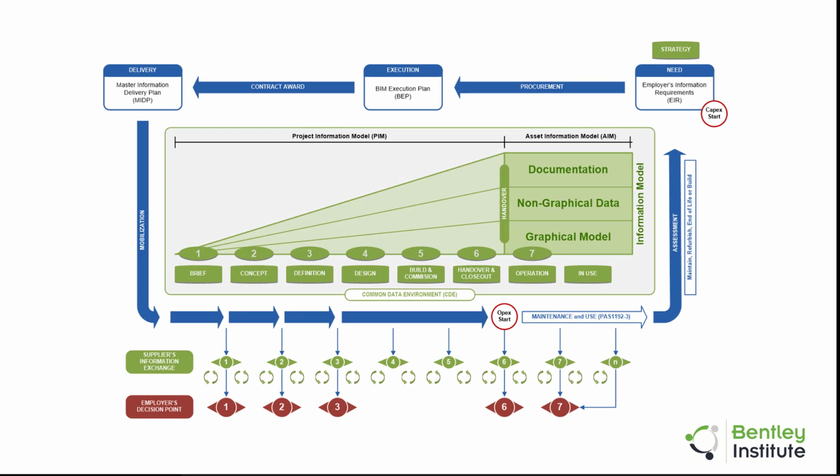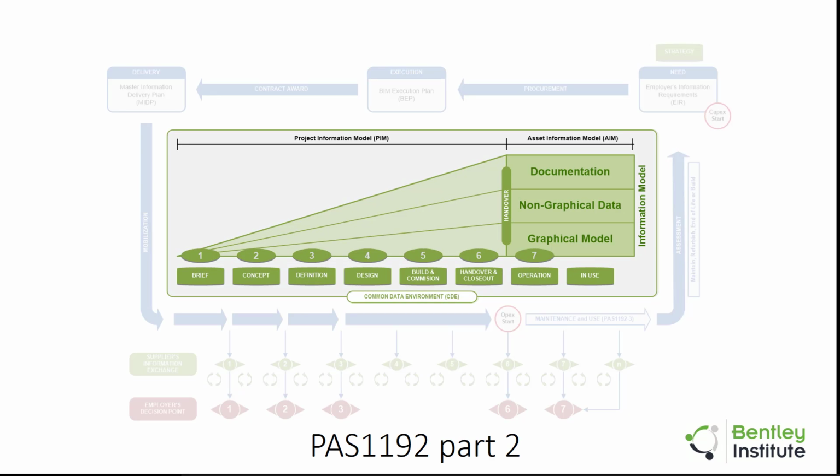Here you can see the PAS 1192 Part 2 information delivery lifecycle, taken straight out of the standard itself. During the project delivery stage of the asset's lifecycle, you can see the accumulation of graphical, non-graphical, and document data. Using the language of the standard, this package of information would be called the Project Information Model, or PIM.